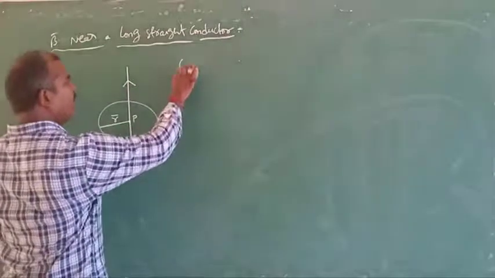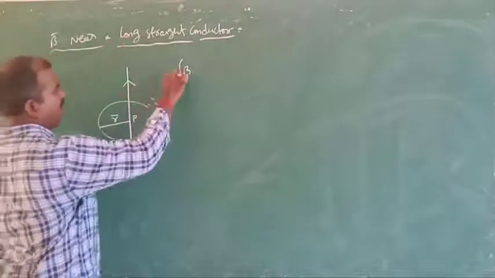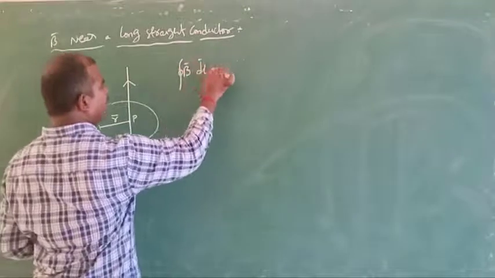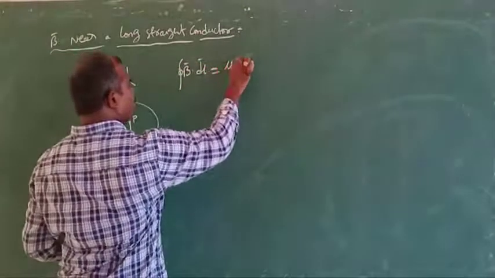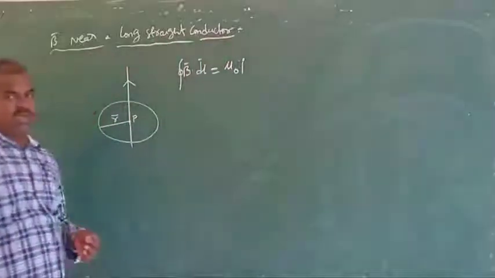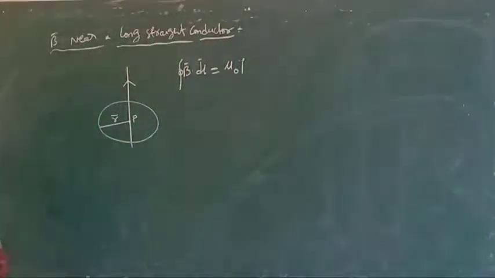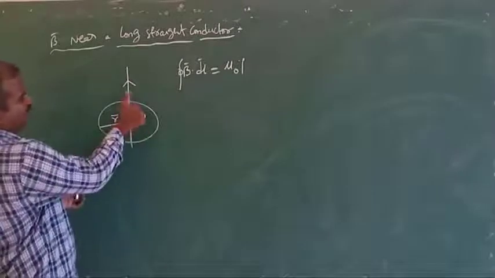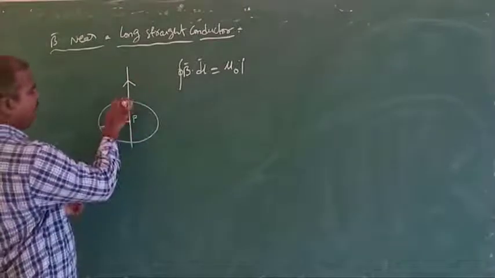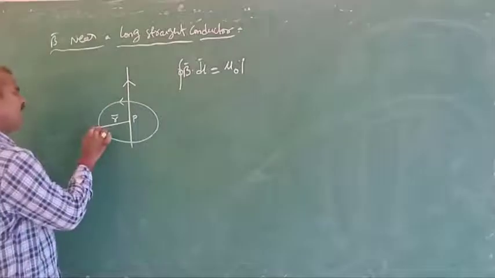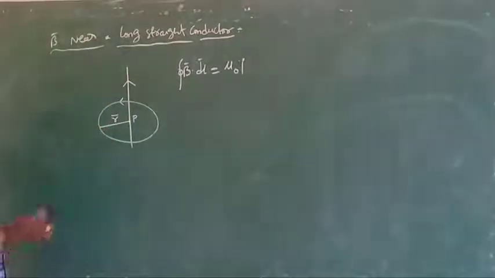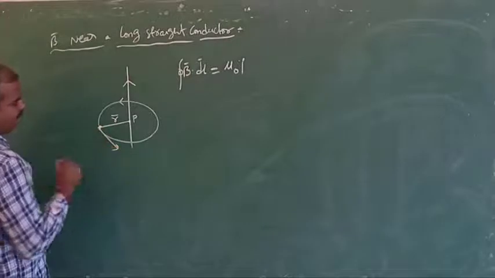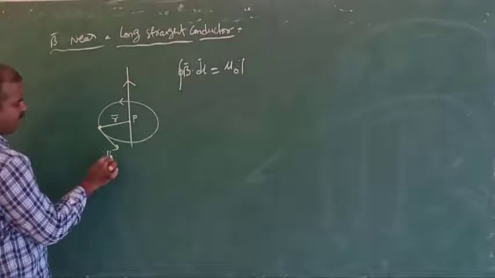According to Ampere's circuit law, the line integral of B dot dl is equal to mu naught I. Here, for a current carrying straight conductor, the magnetic field lines will be like this. Let us consider the element dl at this point, and B also will be like this.